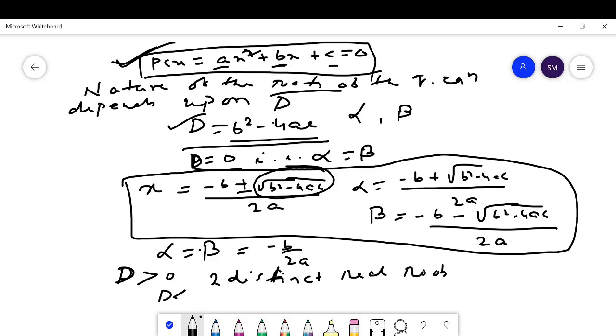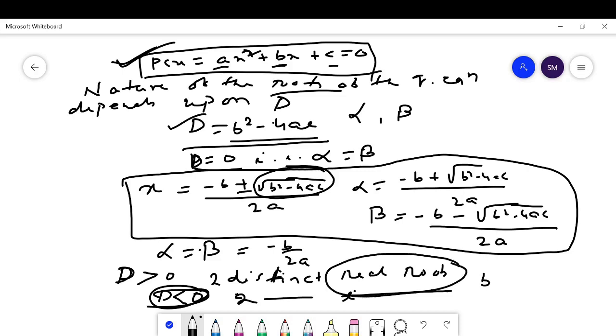Then when D is less than 0, D is a negative number, then we get two distinct imaginary roots. Because D is less than 0 means D is a negative number, we cannot find the square root of a negative number. Square root of a negative number is not a real number. Then we get two distinct roots which are not real numbers. Alpha and beta are not real numbers.